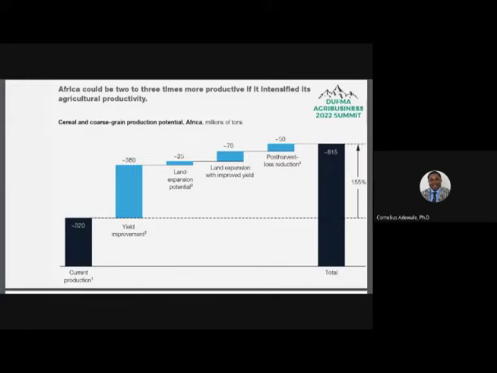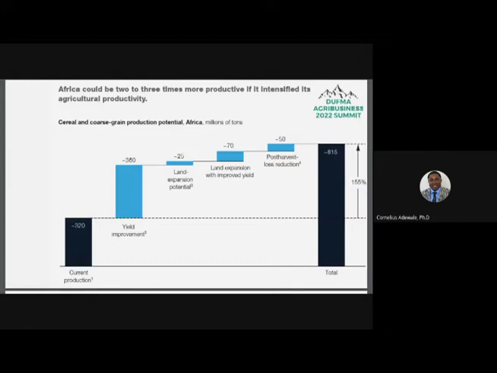Maybe just to put it into context, let's talk about maize. The average yield of maize for farmers in Nigeria hovers around 2 tons per hectare. But the average yield of an average farmer in Illinois, in the US, in a number of states in the US, hovers around 13 to 14 tons.